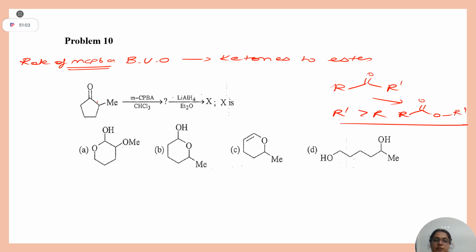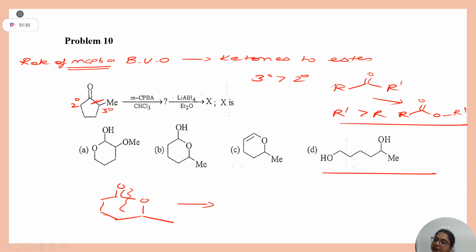So here this bond has more migratory aptitude, because this is your secondary and this is your tertiary. Tertiary comes ahead of secondary. You will be getting a six-membered ring. And now LAH reduction. LAH will cleave this lactone and you will be getting option number D, that is the diol in your case. Is this problem clear to you?